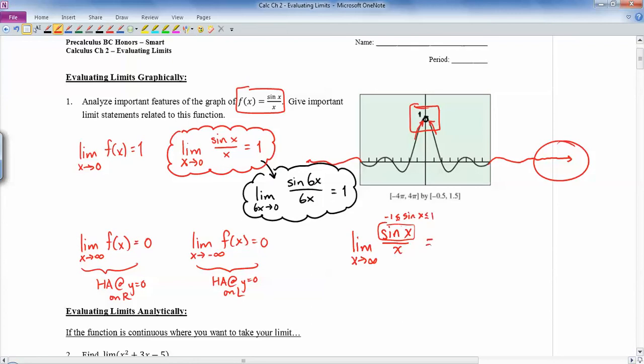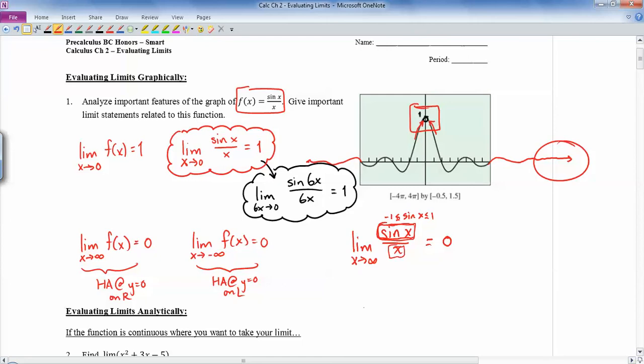And so for sine x over x, if I just keep plugging in infinity, or just bigger and bigger numbers, this top always just bounces back and forth between -1 and 1, whereas the bottom just keeps getting bigger and bigger. So that's a way that you can figure out, oh, well, it's some number between -1 and 1 over like a billion. Well, that's got to be close to 0.